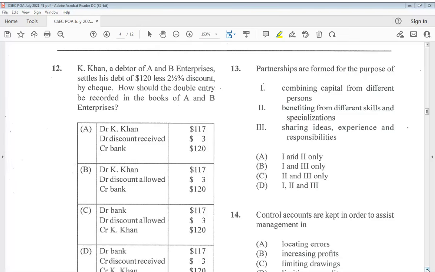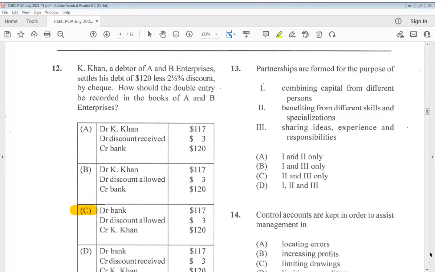And that would give us the amount, and so it was a discount allowed that was offered. So we would debit discount allowed, which is $3, and credit K. Can $120. So C would be the answer.